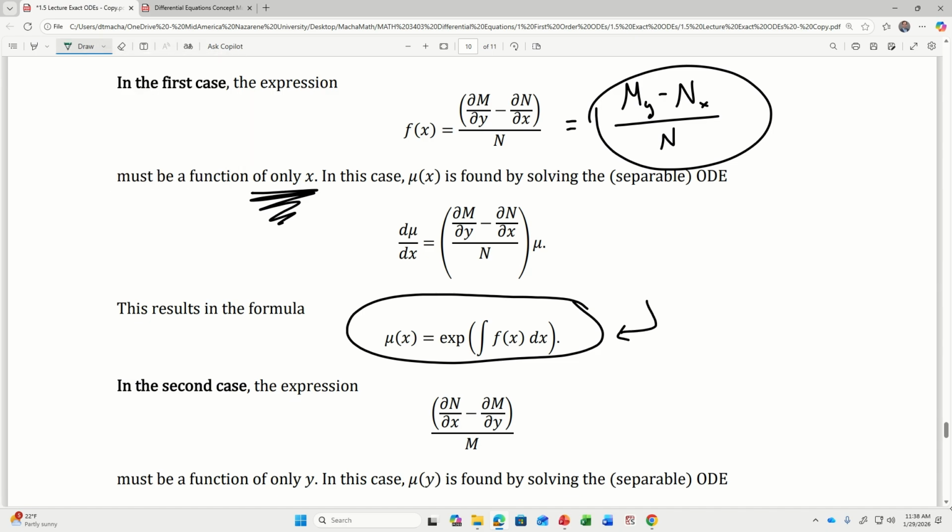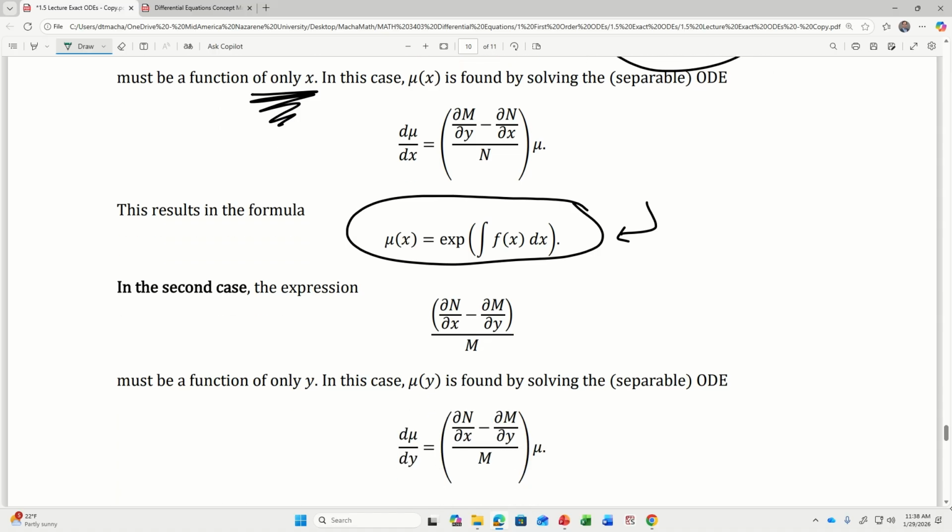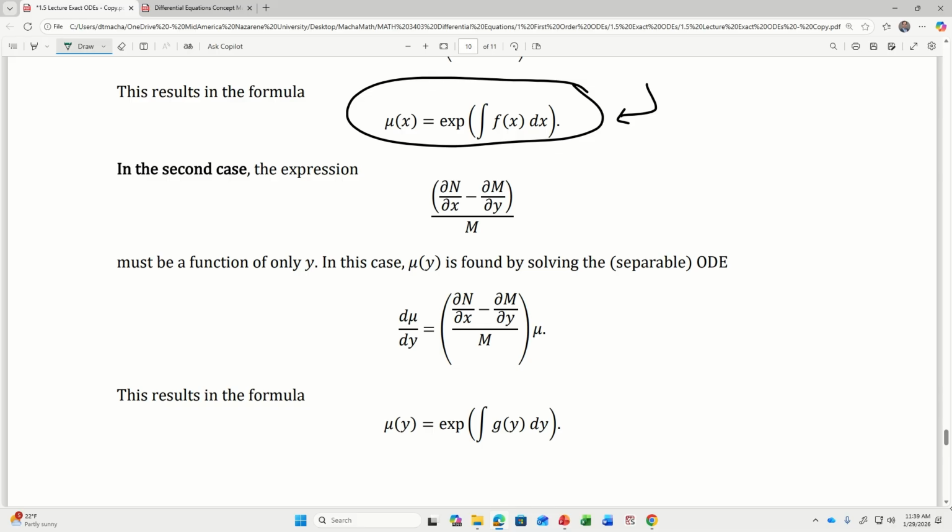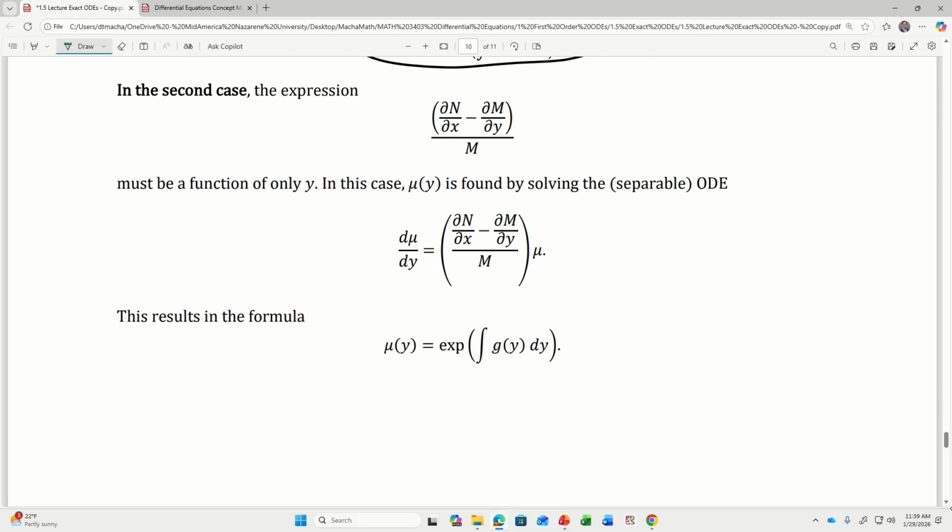The second case, I could show you exactly the same derivation, only we assume that mu is a function of y only. And if we assume that mu is a function of y only, then the criterion we have to check is now the partial of n with respect to x minus the partial of m with respect to y divided by m.